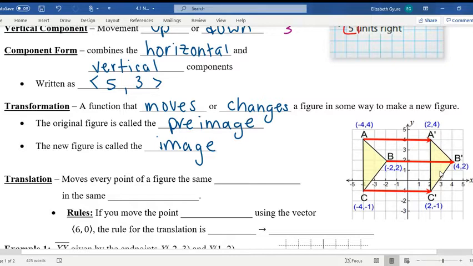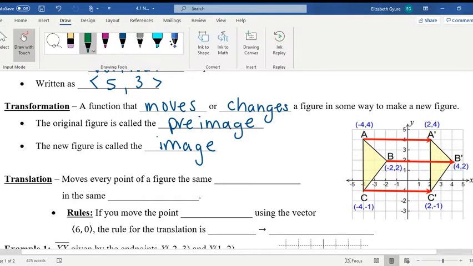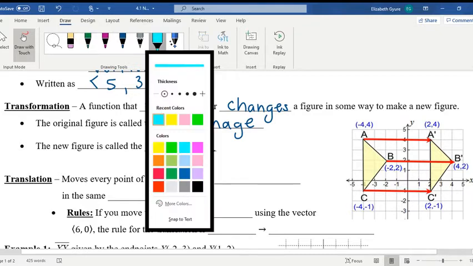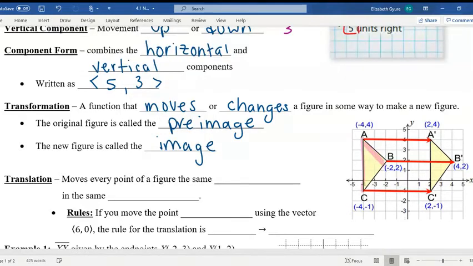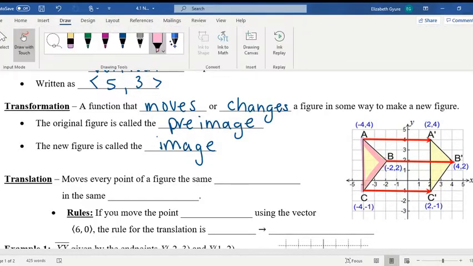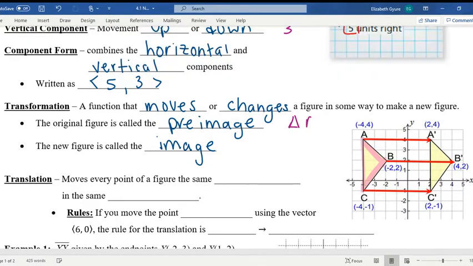And that's how, if you're graphing this, I'm gonna, can you sit up, please? That's how I'm gonna be able to tell which one's your starting picture, right? Your pre-image and your image. If you don't have labels like this, is it easy to tell which one's which? No, not really. Okay, so your pre-image here is this picture, your triangle ABC. Triangle ABC is your pre-image.